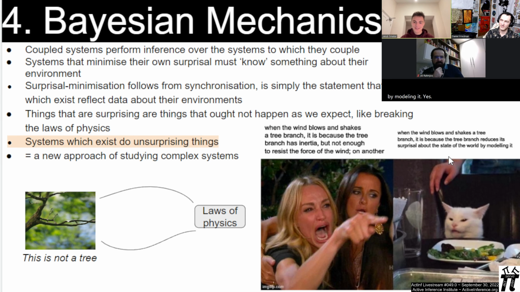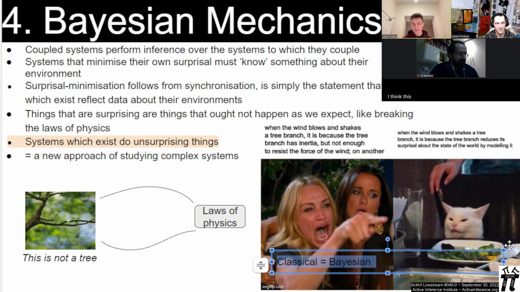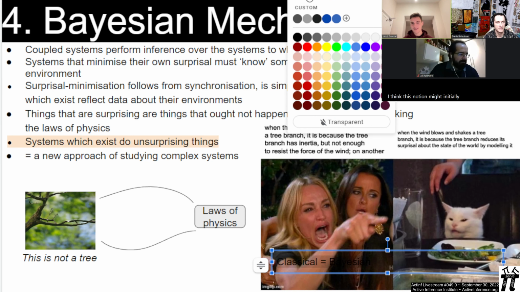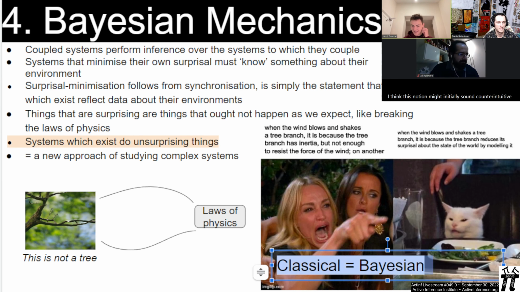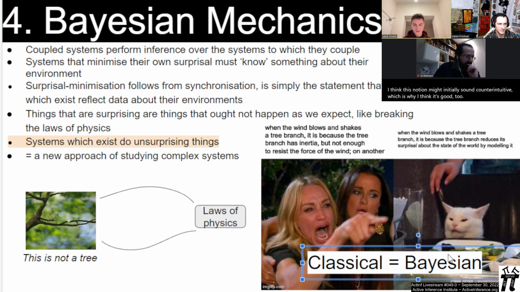Yes, so these are essentially equivalent statements, one from the classical perspective, another from the Bayesian mechanical perspective. I think this notion might initially sound counterintuitive, which is why I think it's good to start talking about it now so that it has time to settle by the time we reach G theory.